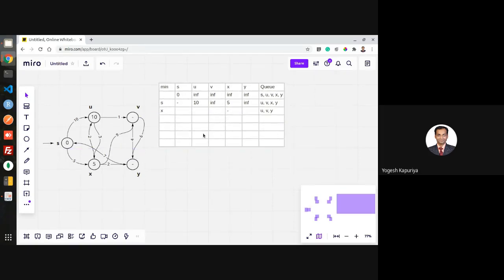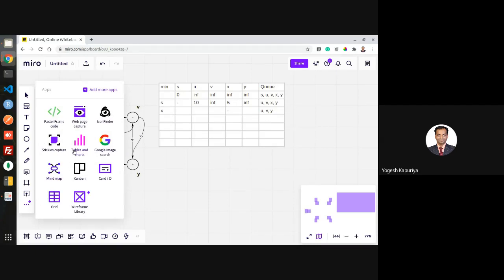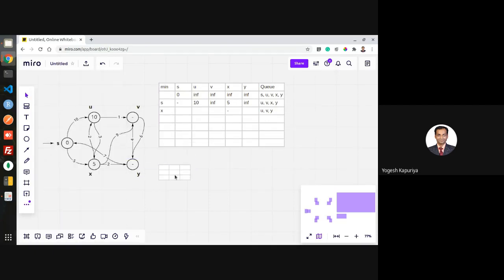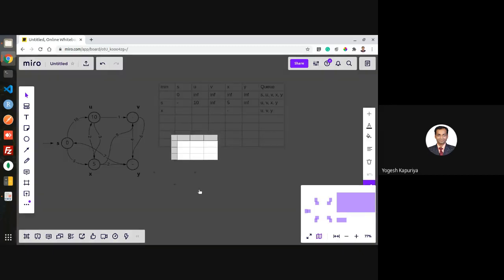One thing we have missed actually, and that is the parent. So let us also keep track of the parent of each vertex. Right. So this is my vertex and this is the parent.